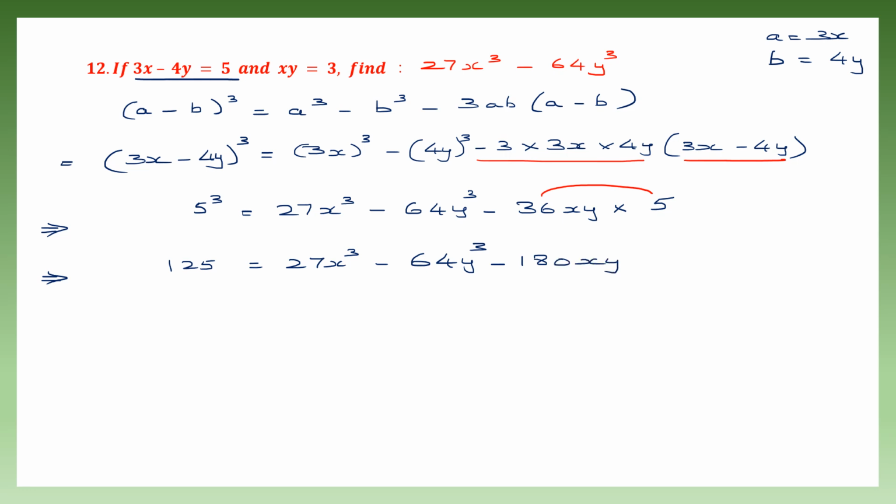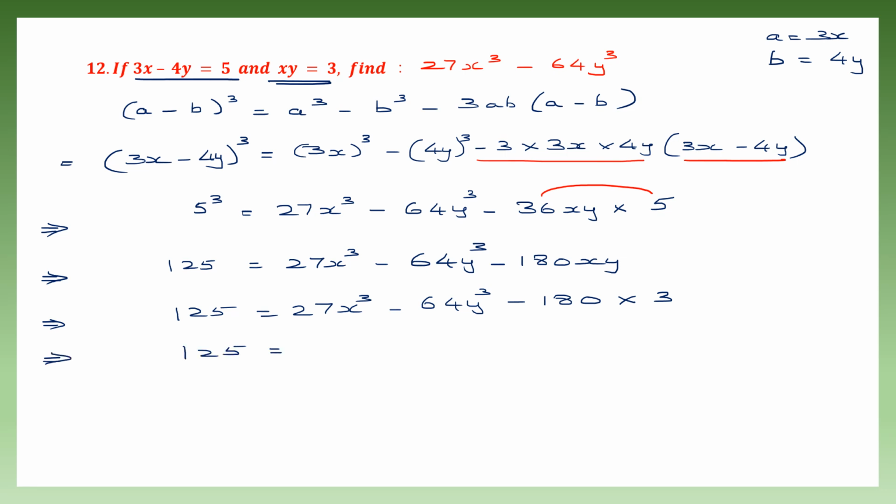Now here we have 125 is equal to 27x cube minus 64y cube minus 180 into xy. And how much is xy? In the question it says xy is 3. So into 3.